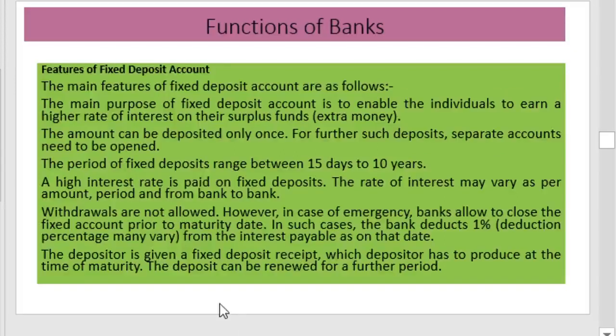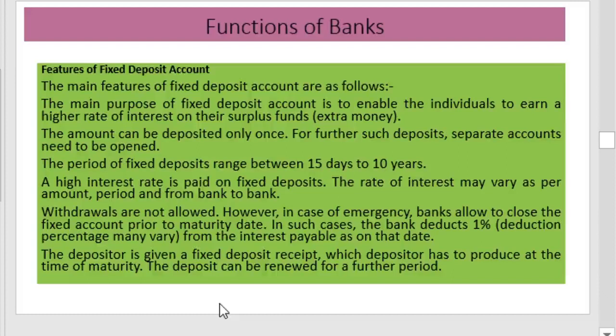And the features of the fixed deposit accounts are: the first one, the main purpose of the fixed deposit account is to enable the individual to earn a higher interest on their surplus fund. Second, the amount can be deposited only once, and for further deposits, separate accounts need to be opened. The period of fixed deposit ranges from 15 days to 10 years.